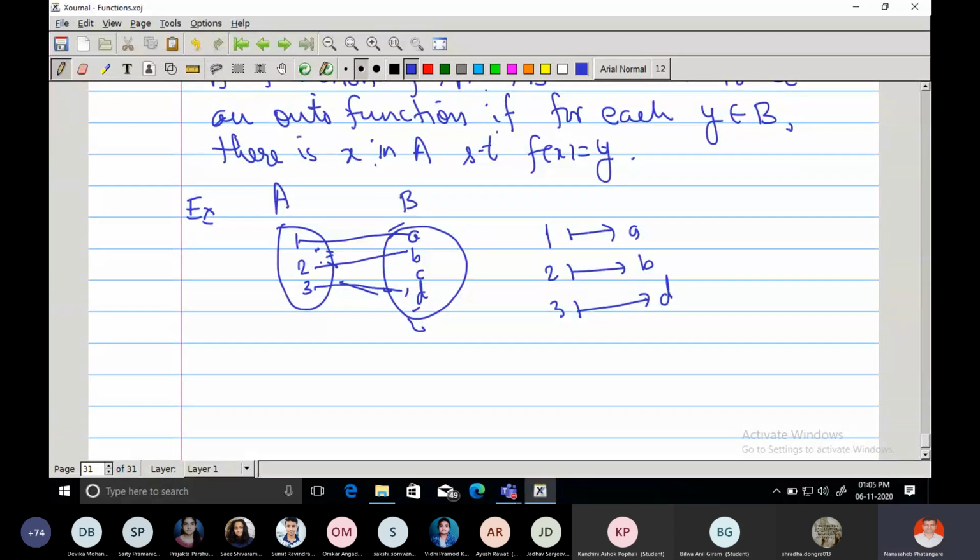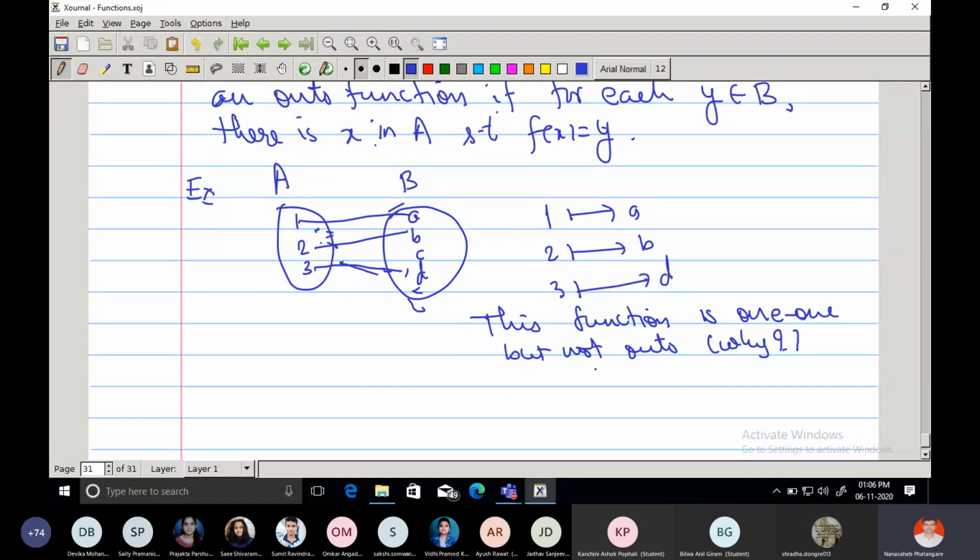No. Not onto, right? This function is one-one, right? But not onto. Why is it not onto?